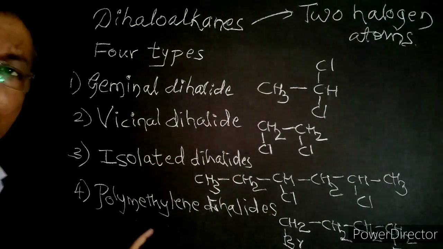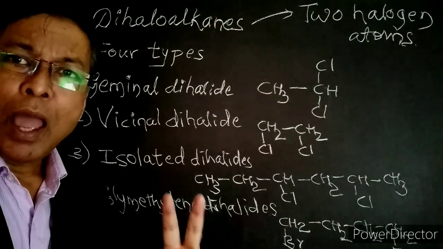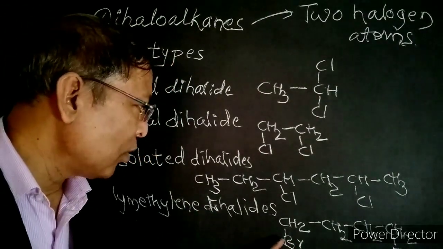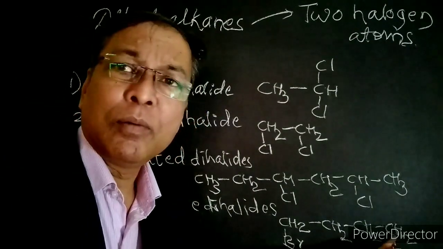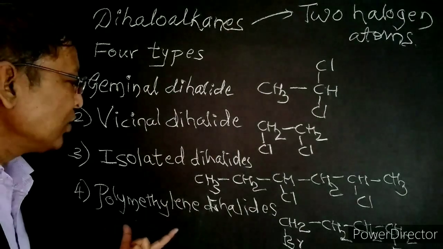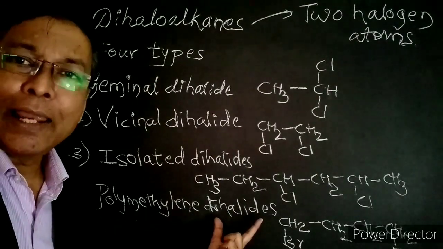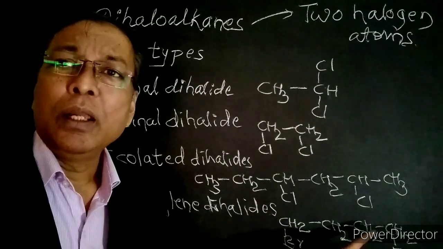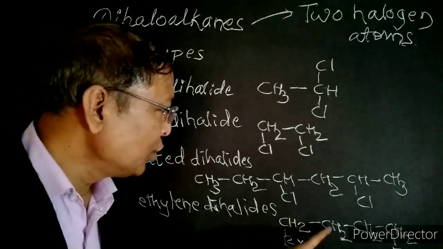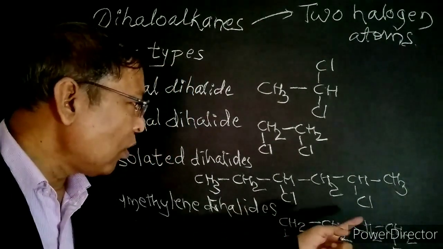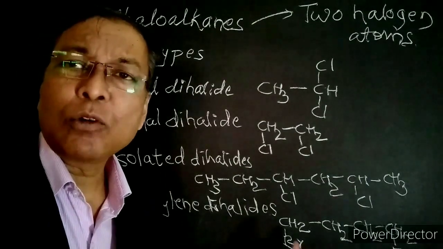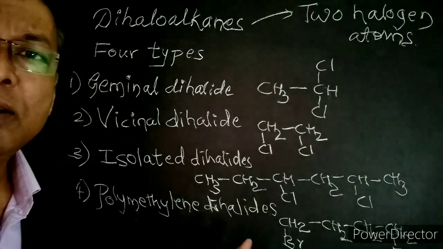And when the two same halogen atoms are present on the terminal carbon atoms, bromine is present here and another bromine is present on the other terminal carbon atom, it is called methylene dihalide, because the CH2 group is known as methylene group. How many CH2 groups are there? 1, 2, 3, 4. Therefore, we can call it tetramethylene bromide.